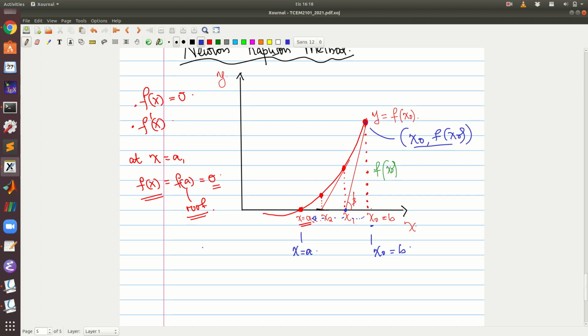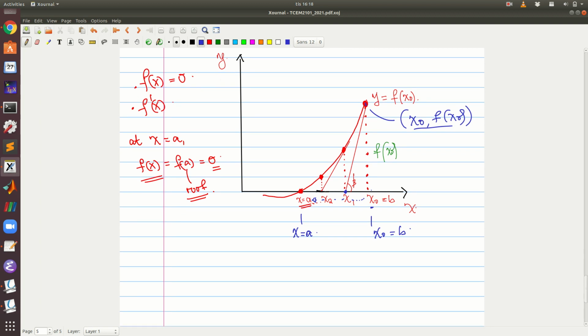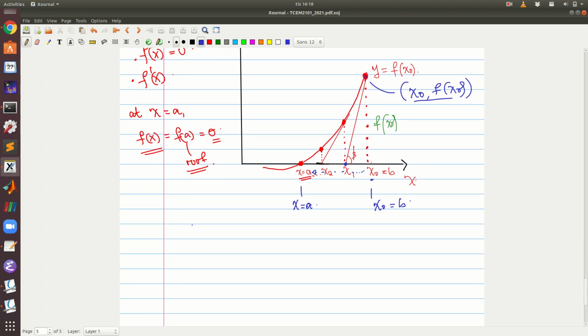And from our calculus, we know that the tangent of this angle here beta also describes the slope of the function at the point x naught, f of x naught.